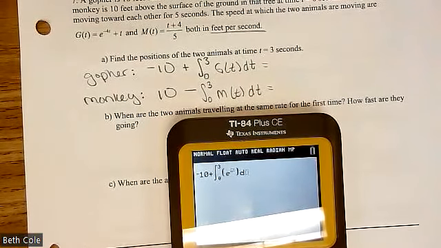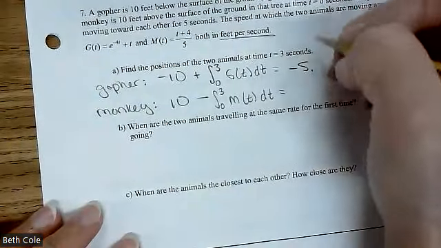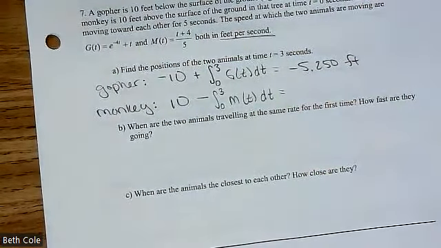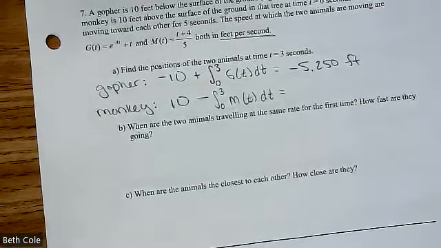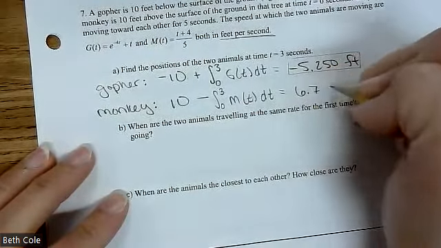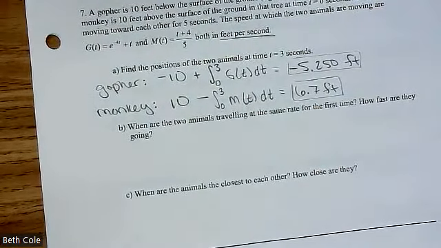Yeah, it should be negative. Is that what you got? Okay, negative 5 point something feet. So where is the gopher still? He's still below ground, but he's burrowed up a good deal. All right. What do we get for the monkey? 6.7 feet. And so he's still in the tree, but further down.